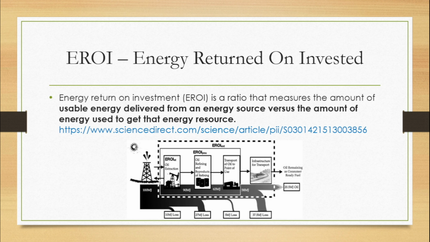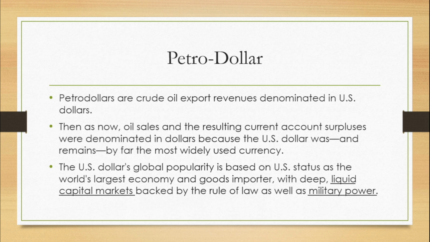On the left-hand side of this graph, you can see when it's just pumped out of the ground, and how much energy is lost as it goes through each part of the refining process all the way to your tank. There's a great article that I've linked, which came out a few years ago, and this link below will talk all about the EROI, how it is very important, and energy is a huge piece of why markets move, and something that we can't forget going forward. We will bring this back up later on.